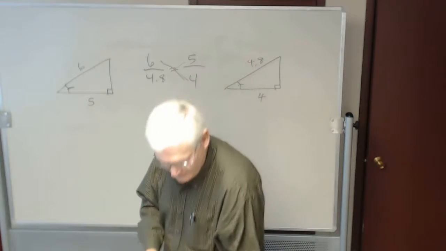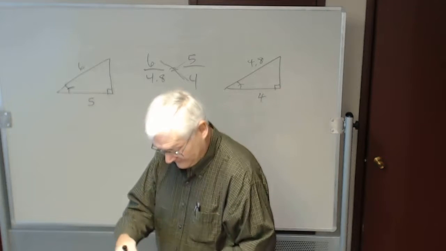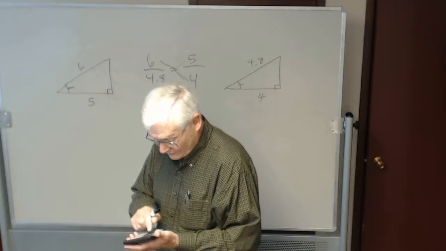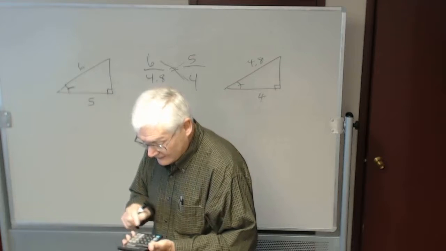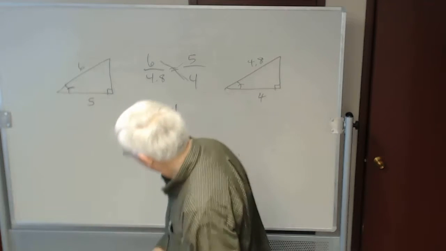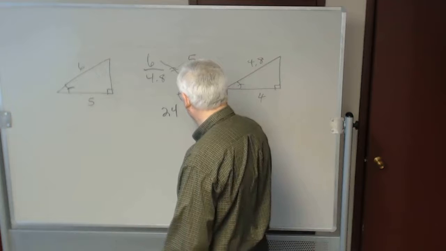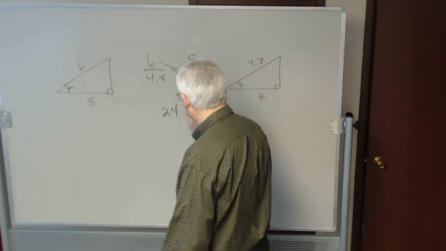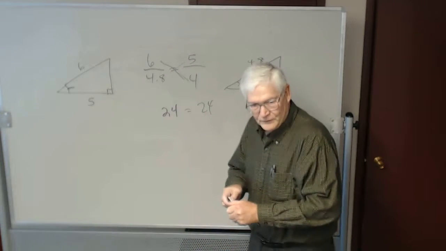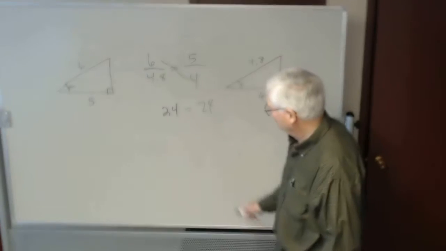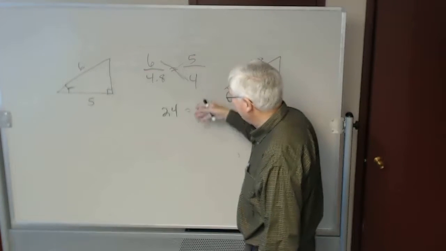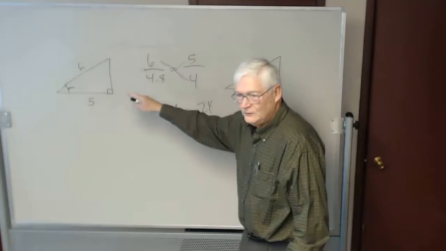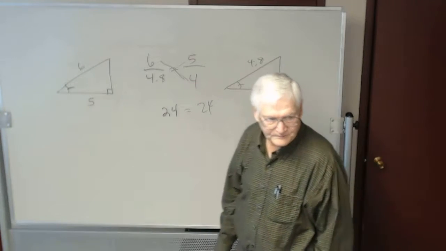Got your calculator? 4.8 times 5 is 24. Well, look at that. When you cross multiply, if those two numbers match, that means this fraction equals this fraction. That means these two triangles are similar.